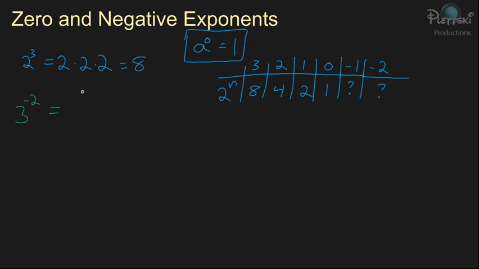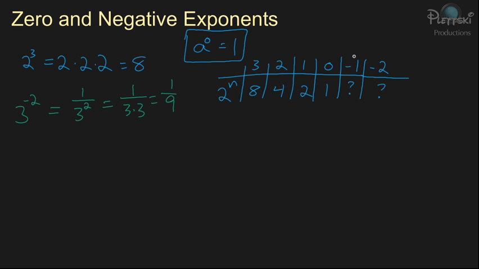So the reciprocal of 3 raised to the negative 2 power would actually be 1 over 3 raised to the positive 2 power. So basically what you need to do is put a 1 on top and change the sign of the exponent from negative to positive. So we have 1 over 3 squared, which is the same thing as 1 over 3 times 3, which is the same thing as 1 over 9.